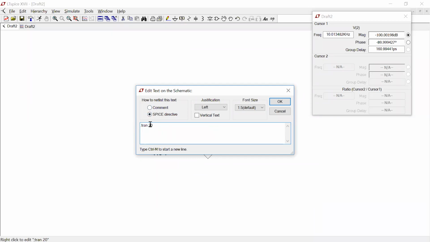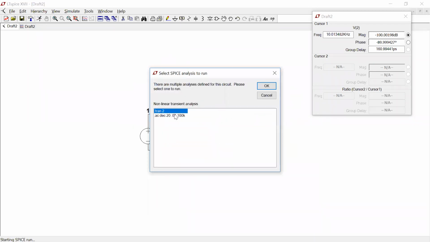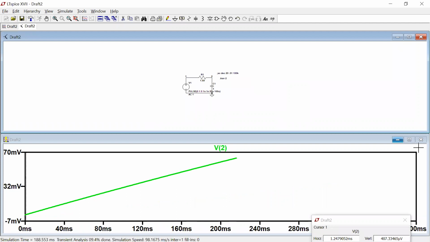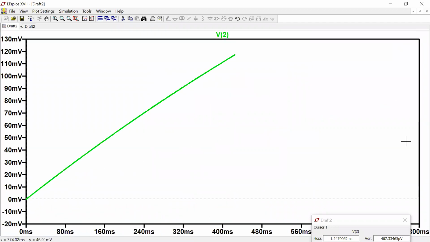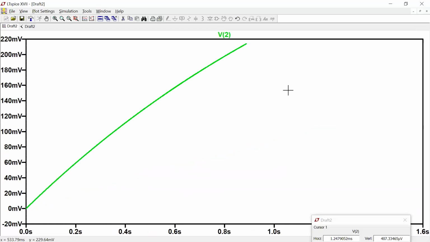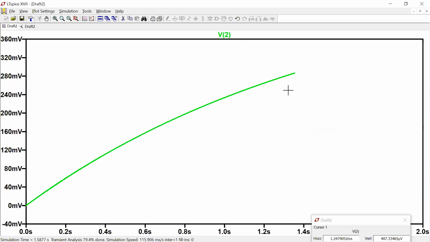We don't have to simulate for as long. Now it's taking longer to simulate because I'm simulating for 2 seconds and it's changing every 50 microseconds.